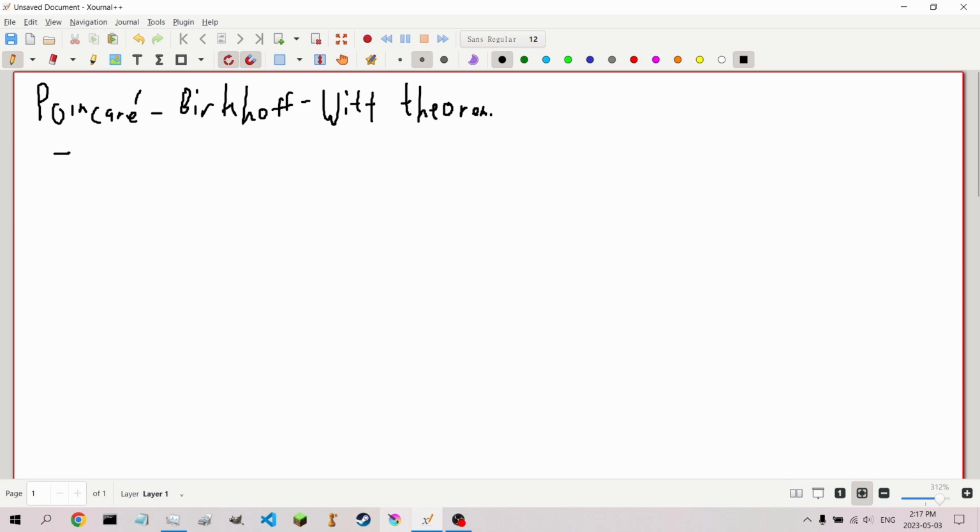So, the first theorem we mention here, we set up as so. I guess I should number these as they do, in case we need to reference them.